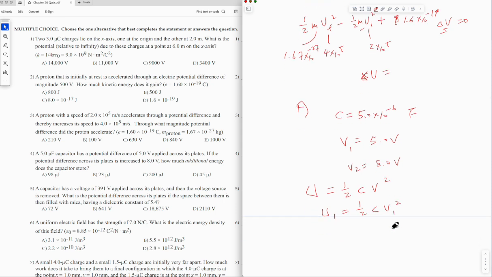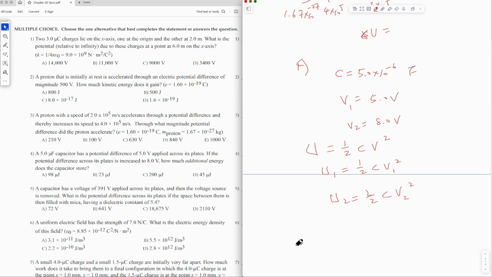And then if you increase the potential to V2, U2 equals 1/2, the capacitance is the same, it only increases the voltage, V2 squared. And it asks how much additional energy the capacitor stores. Additional, looking for change, so U2 minus U1. That is the additional energy stored by the capacitor if you increase the voltage from 5 to 8 volts.